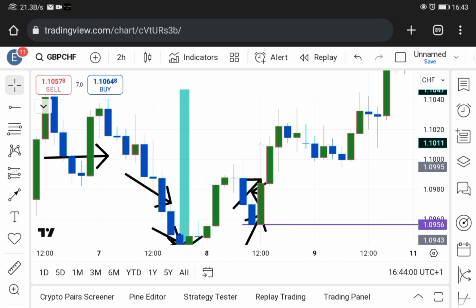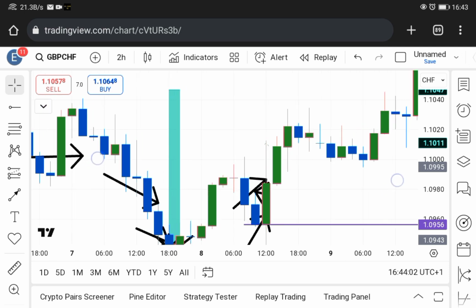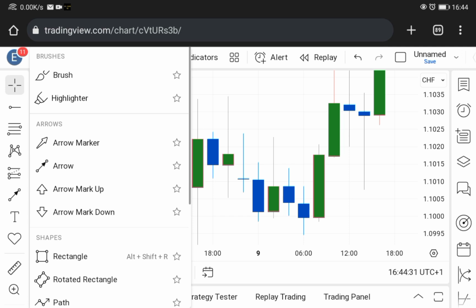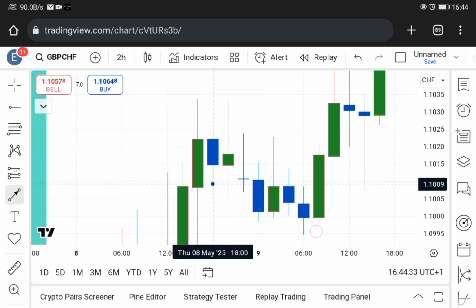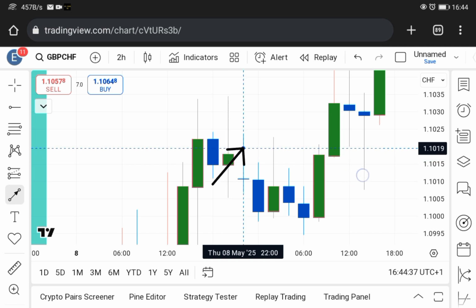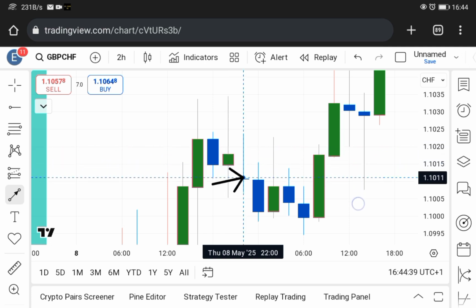So right, I'm on my 2 hour again. This bear candle here. We had this bear candle, and we have another one here, 1, 2.